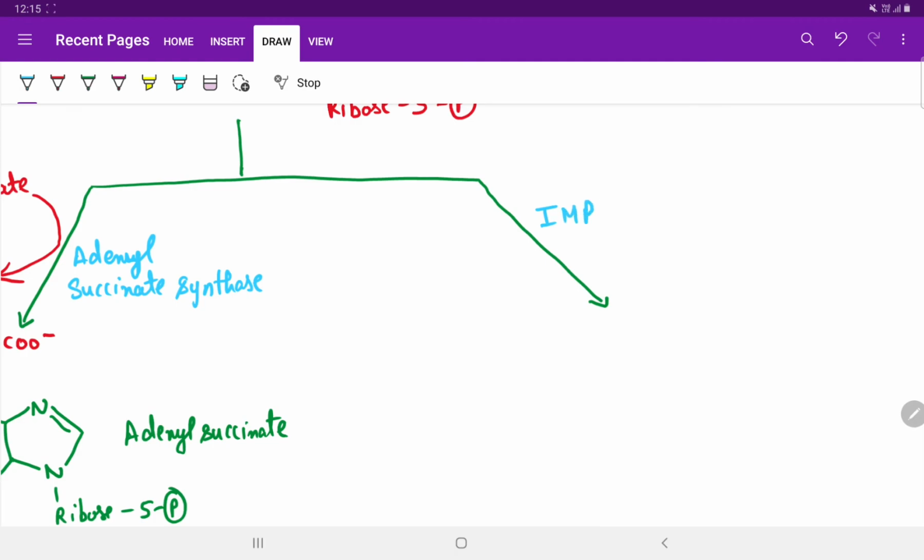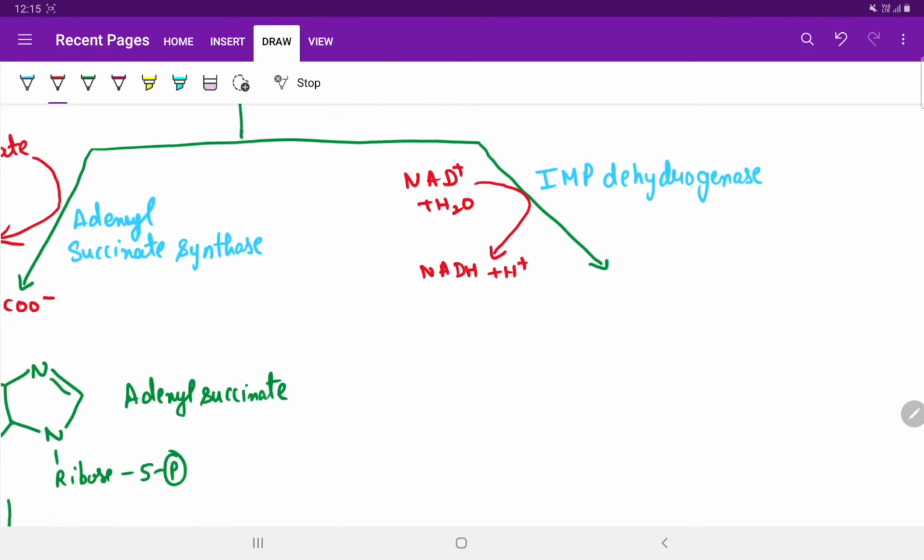So the name of enzyme is IMP dehydrogenase, in presence of an NAD molecule and a water molecule also. And this leads to formation of xanthosine monophosphate first.